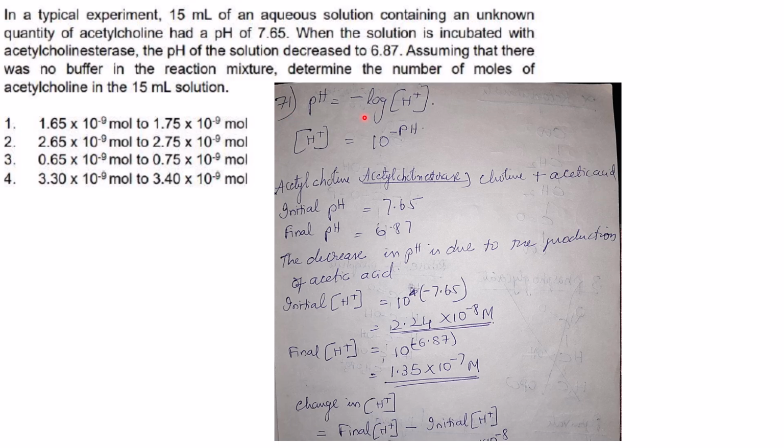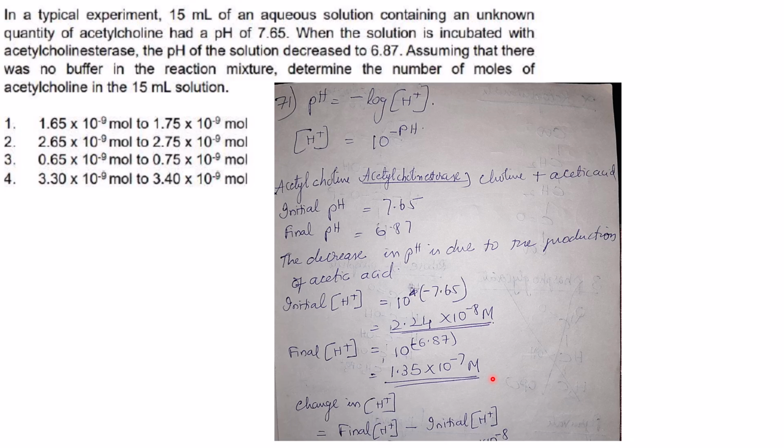So we know that pH is equal to minus log concentration of H plus, and H plus is equal to 10 raised to minus pH. Now initial pH value and final pH value they have mentioned. So the decrease in pH is due to the production of acetic acid, as I already told. So the initial hydrogen ion concentration was 2.24 into 10 raised to minus 8 molar, and final it is 1.35 into 10 raised to minus 7 molar.